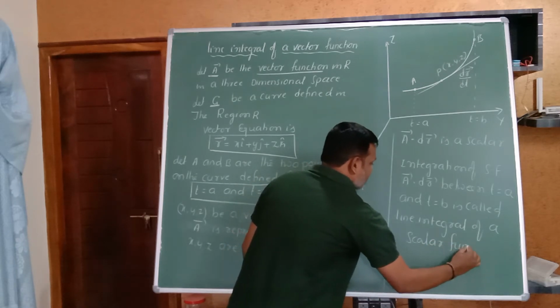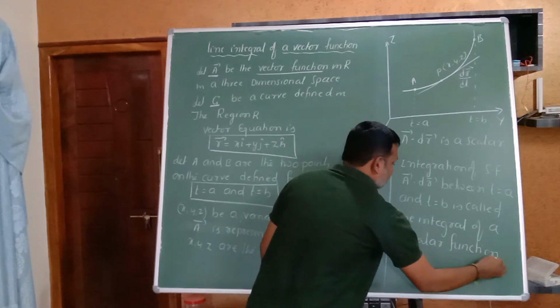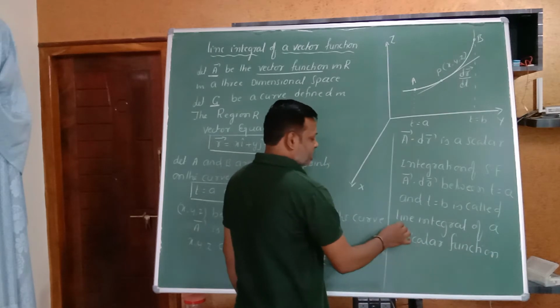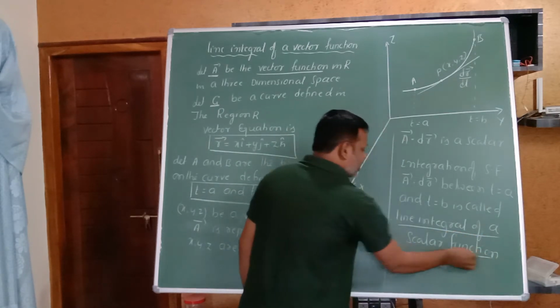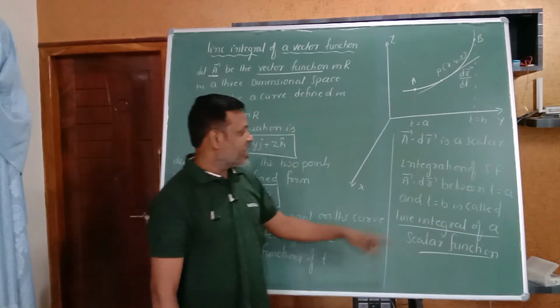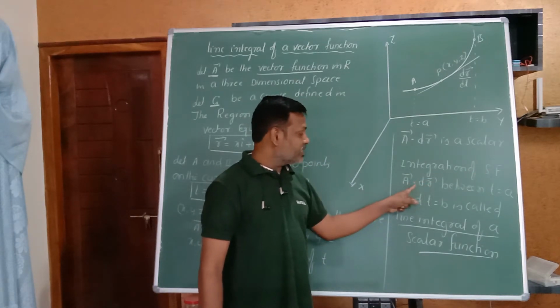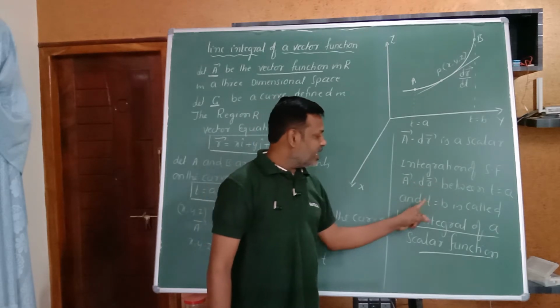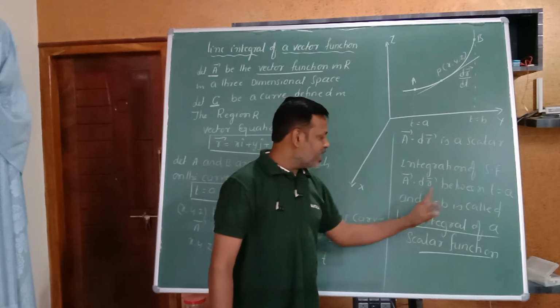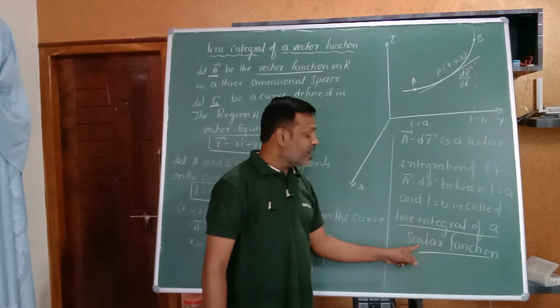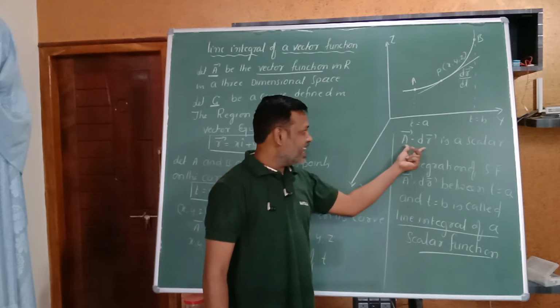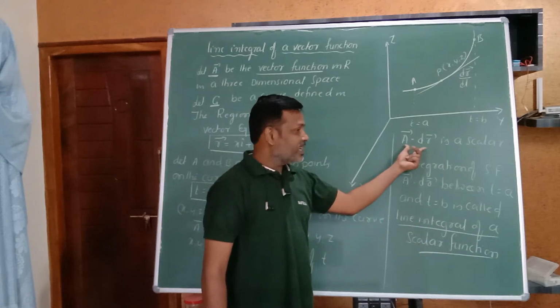Understand this. This is very, very important. So, if somebody asks what do you mean by line integral of a scalar function? Integration of a scalar function, a vector dot dr vector between t equal to a and t equal to b is called line integral of a scalar function. Already we know that a dot dr is always a scalar function.